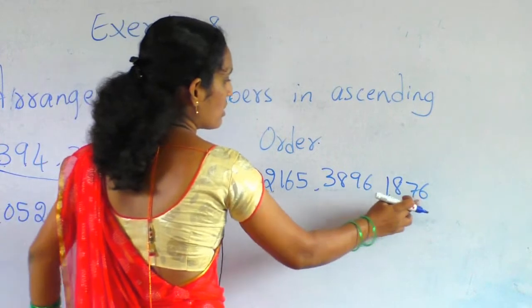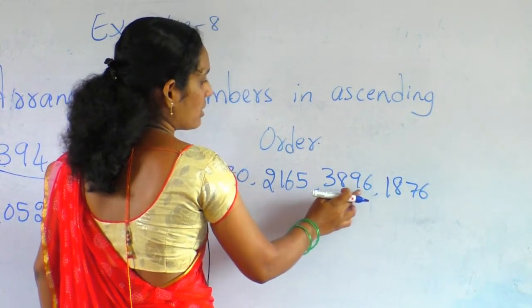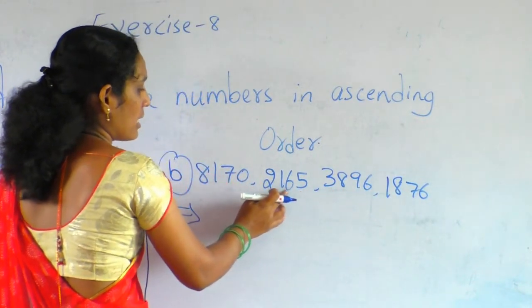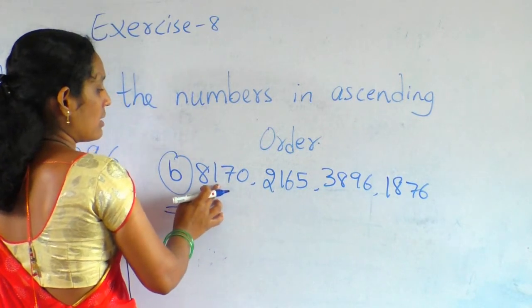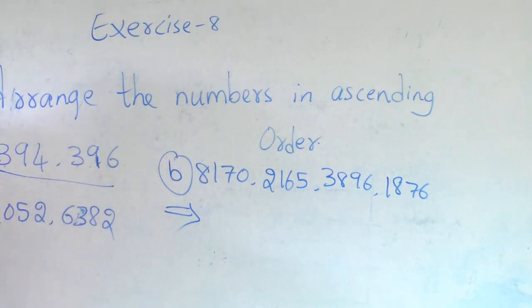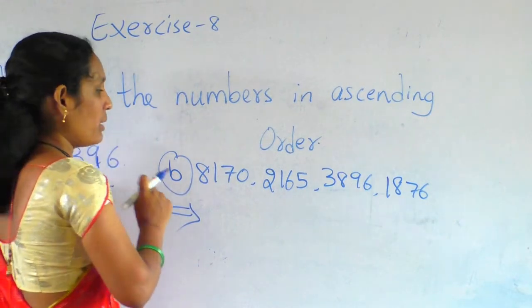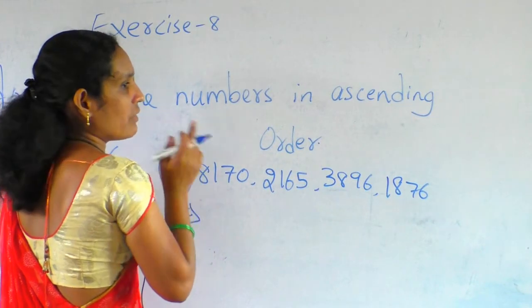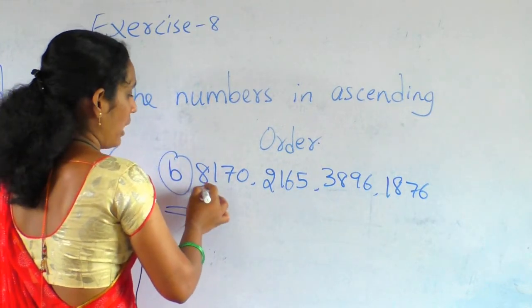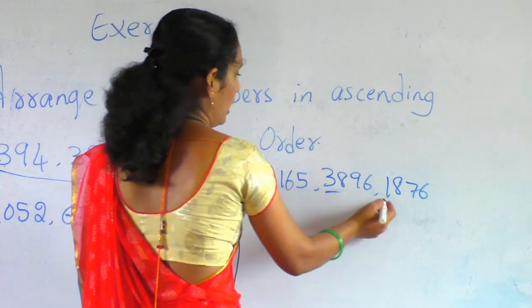Ones, tens, hundreds, thousands. First you see the thousands place here. In thousands place, which is the first smaller number? 8, 2, 3, 1.